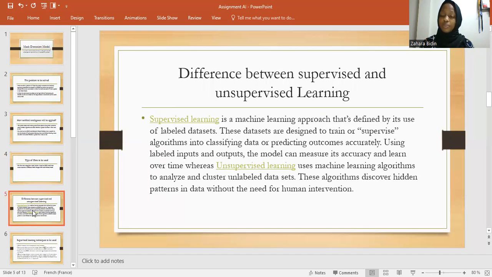The difference between supervised learning and unsupervised learning. Supervised learning is a machine learning approach that is defined by its use of labeled datasets. I can give an example of different types of doctors who give out different types of medicine to treat different diseases, and some people survive and others do not.